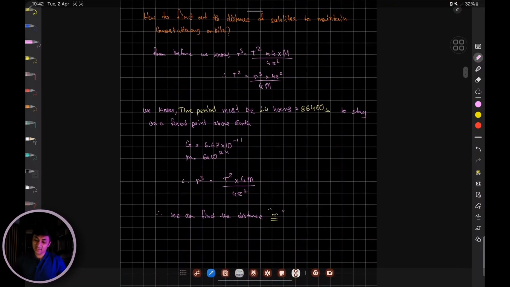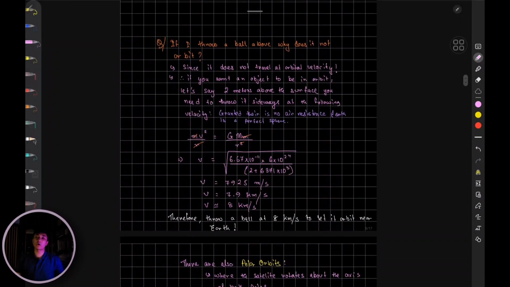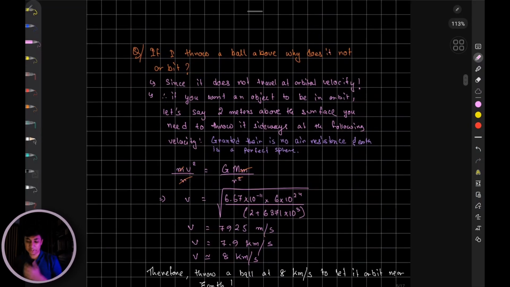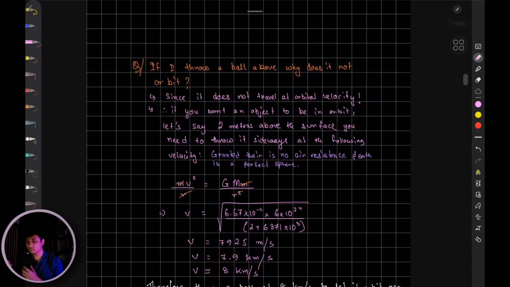So even in this case, the answer to the problem is simple. When you're throwing the ball towards the stump, let's say, you're not throwing it with enough velocity. It's not that it is way too near the Earth's surface to maintain an orbit. It can maintain an orbit. But for that to take place, you need to throw it at a certain orbital velocity. So let's say we consider any ball to be thrown near the Earth's surface.